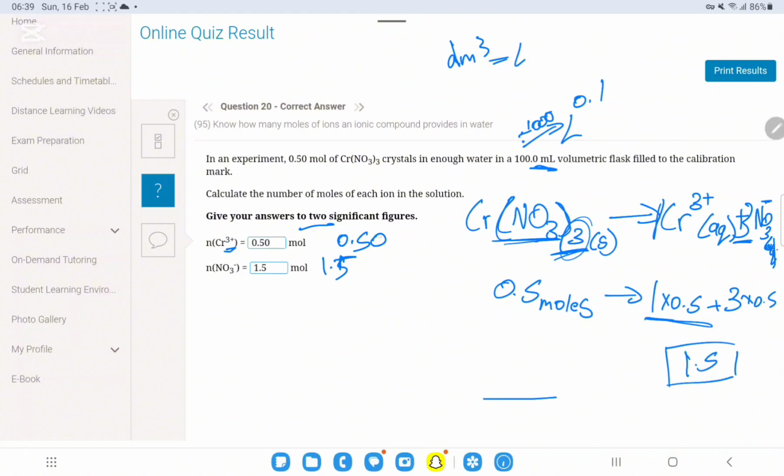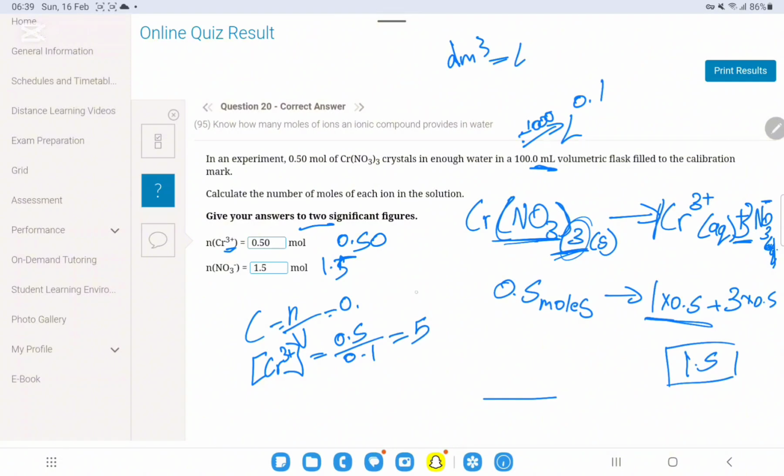So 0.5. C equals N over V. N is 0.5, so the concentration of Cr3+ is 0.5 over 0.1 equals 5.